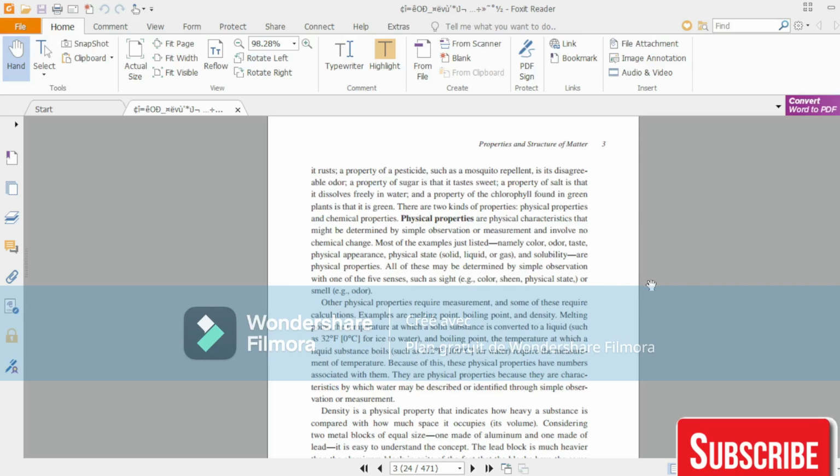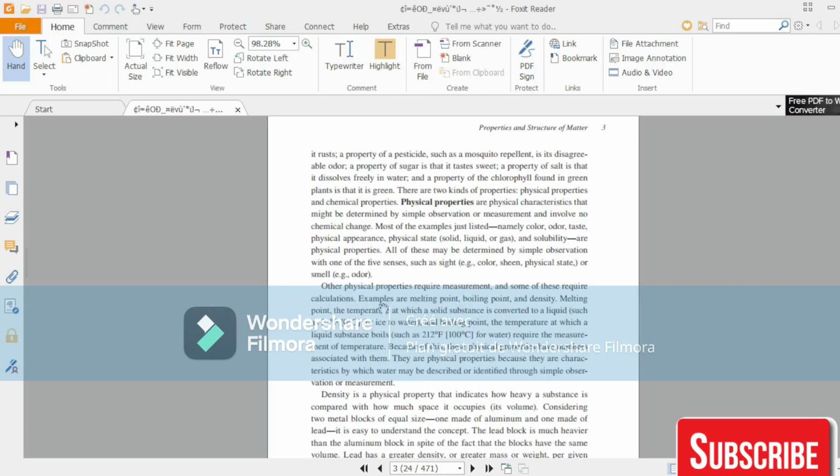All of these may be determined by simple observation with one of the five senses, such as sight, for example, color, sheen, physical state, or smell, for example, odor. Other physical properties require measurement, and some of these require calculations. Examples are melting point, boiling point, and density.